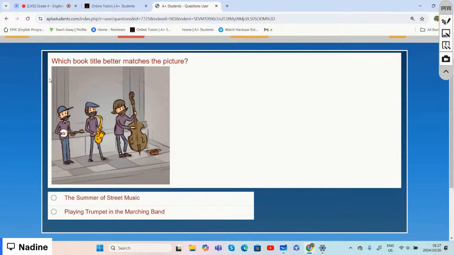Do we say it's option one, The Summer of Street Music? Or do we say option two, Playing Trumpet in the Marching Band? Which one is correct? The Summer of Street Music or Playing Trumpet in the Marching Band?